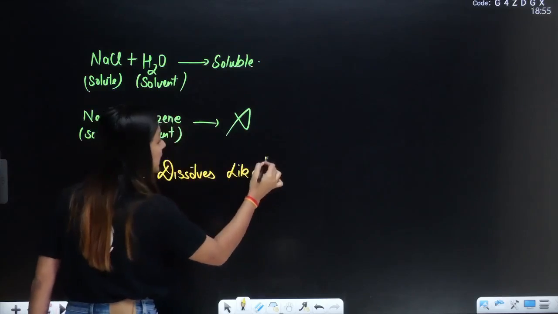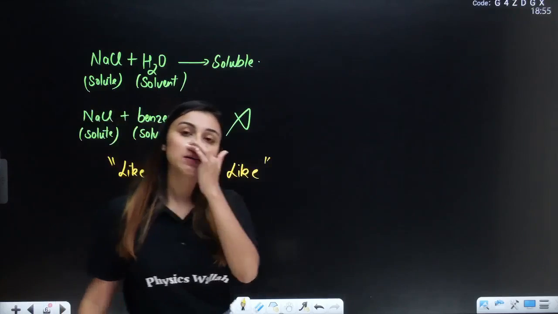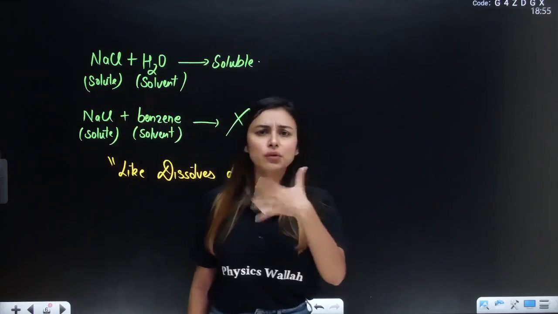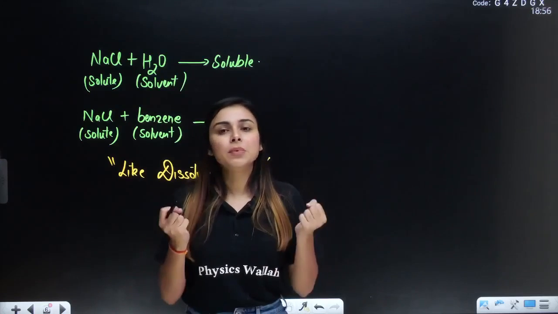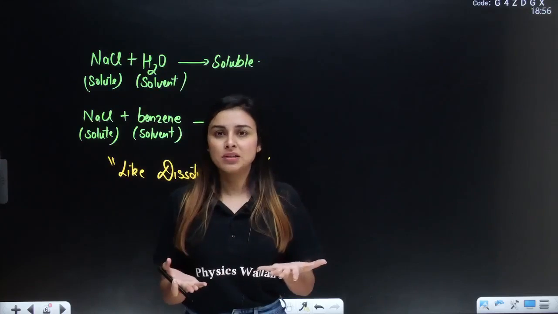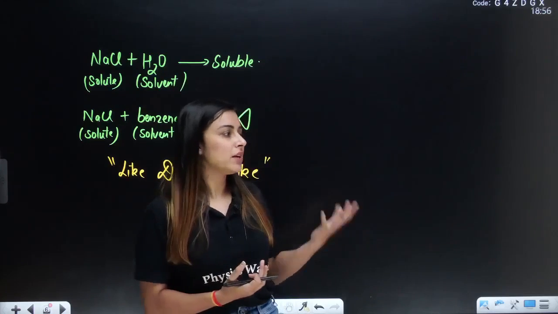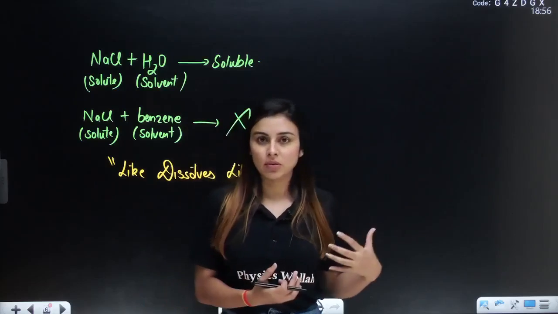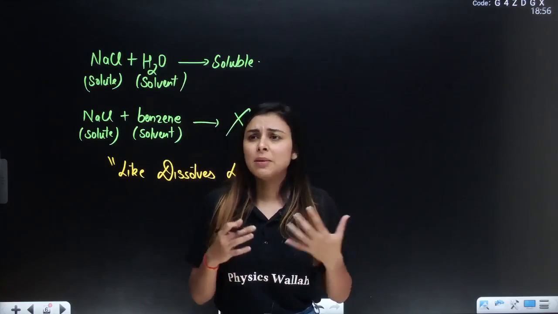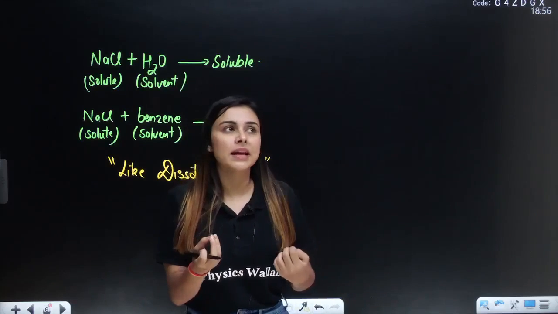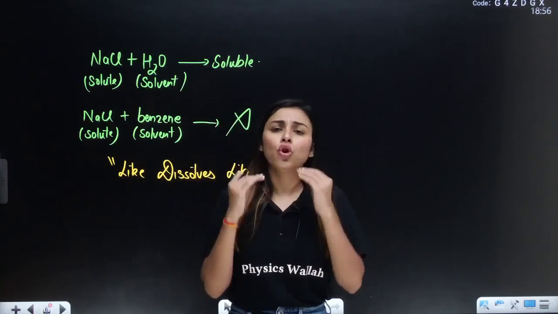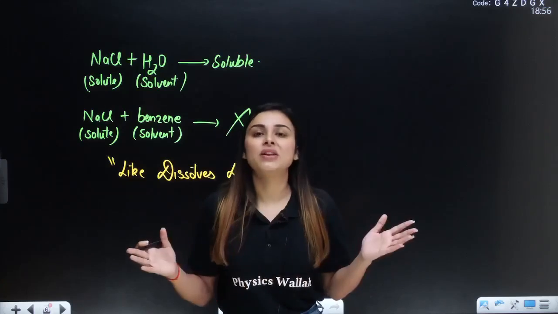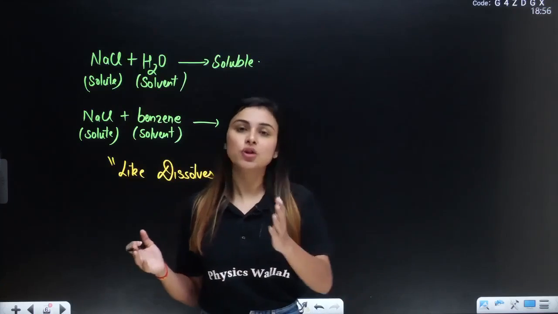What does this mean? Like dissolves like. If you think about yourself, you have friends, and generally people with the same interests are friends, right? If I have a friend, definitely we like something together. But if somebody is totally opposite to you, your likes never match at any point, can you be friends with them?